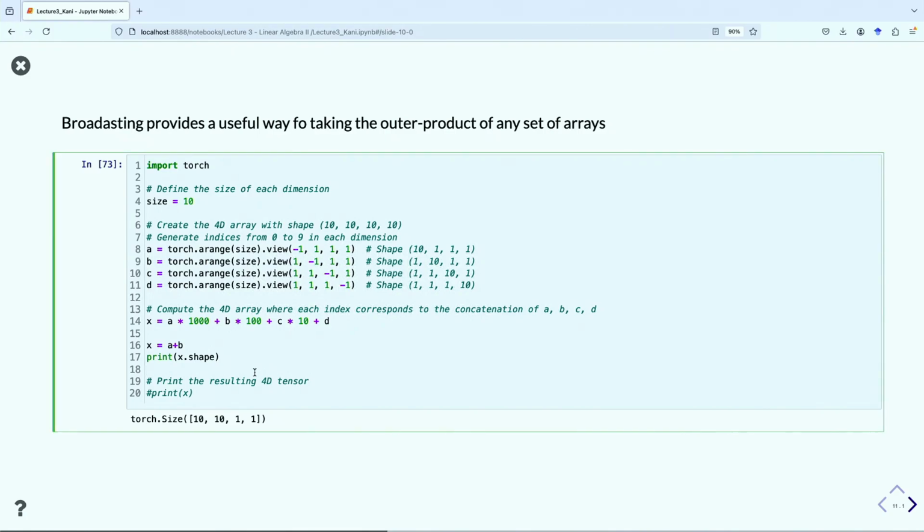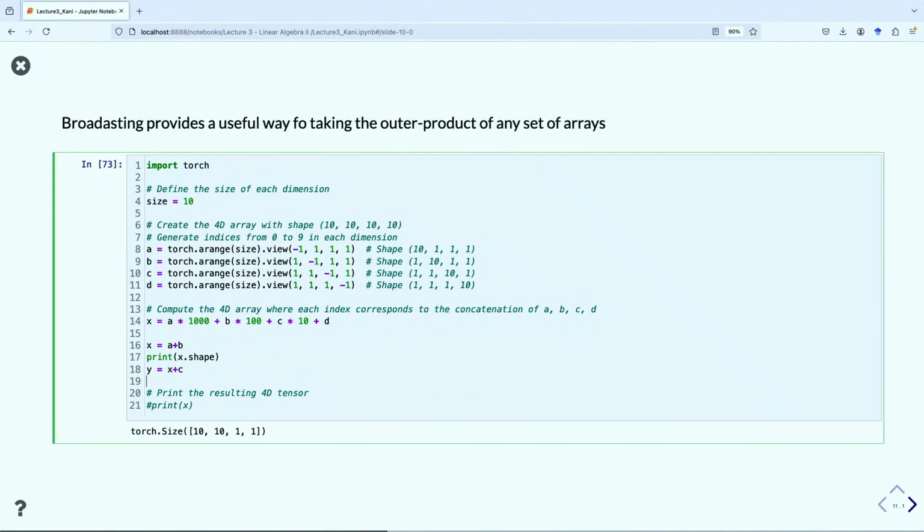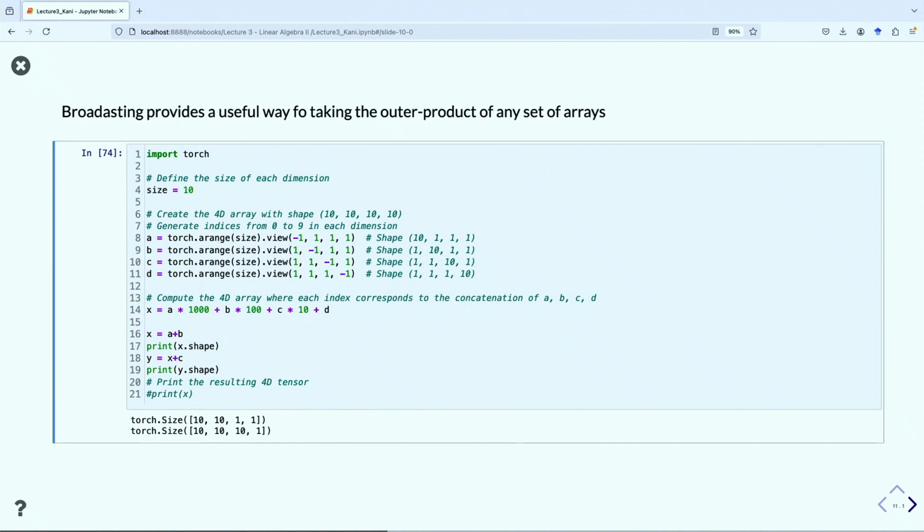And then we're going to add x plus C, x plus y, shape. We're going to add that together.